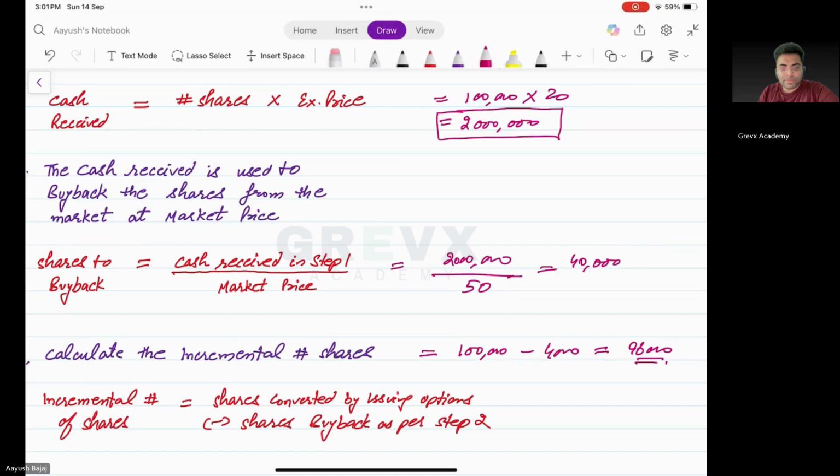We issued 100,000. 40,000 I buy back. So what is the additional shares that I am issuing? 40,000 buyback. Sorry, my bad. It is now 60,000. Incremental is 60,000.